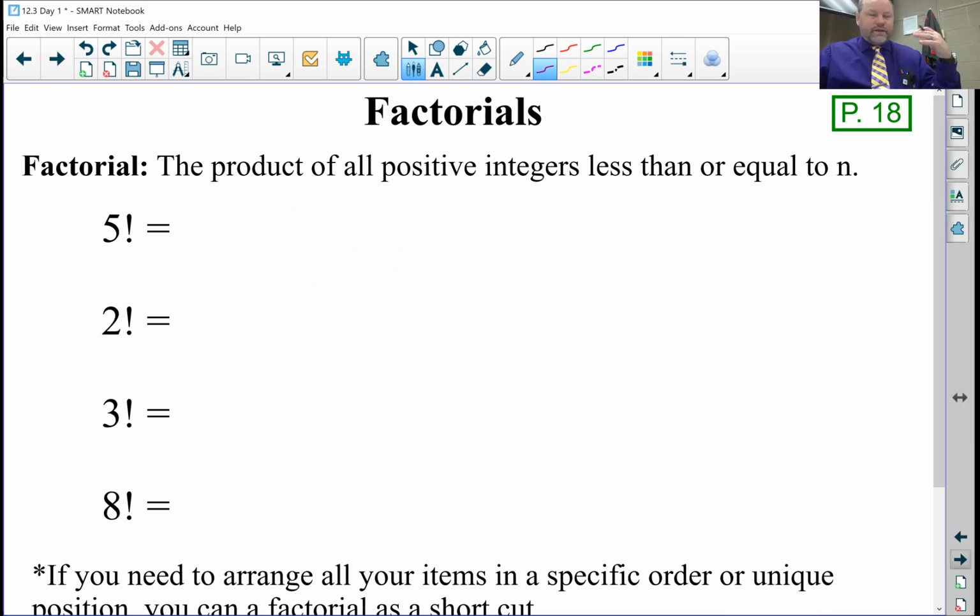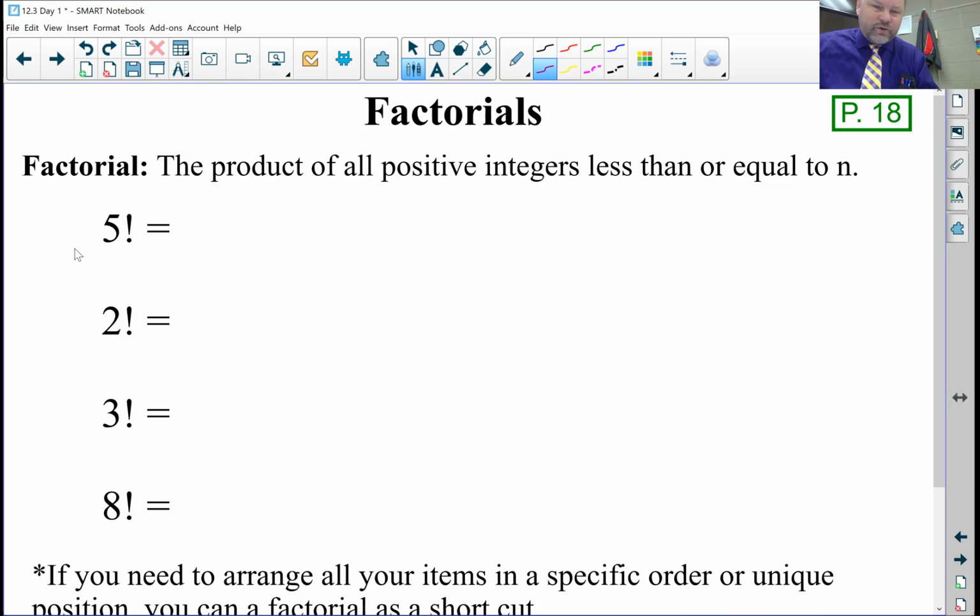So we know that if we're multiplying the same number several times, we can use an exponent. If we're multiplying consecutive numbers, then we use this thing called a factorial.